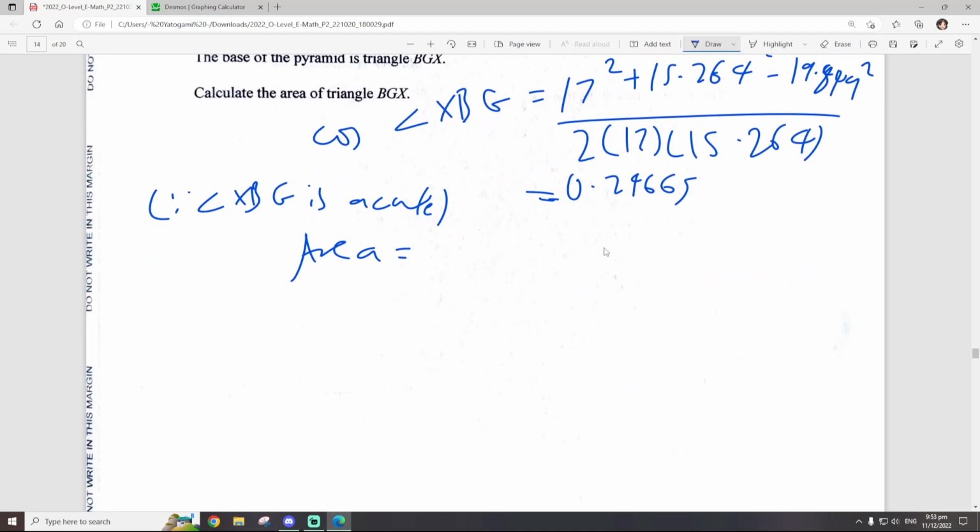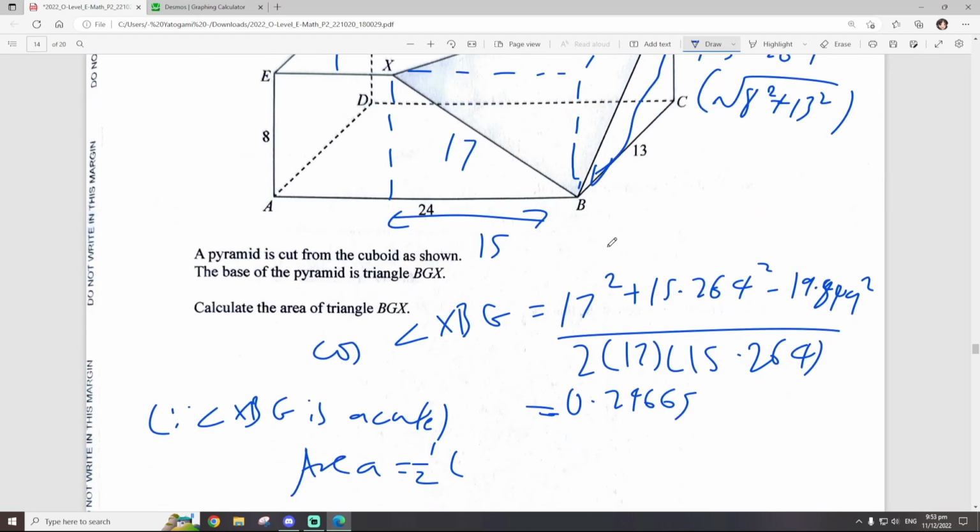So we get half times the product of the two adjacent sides, 17, 15.264, sine cosine inverse 0.24665. Okay, and then you can go ahead and find the answer.